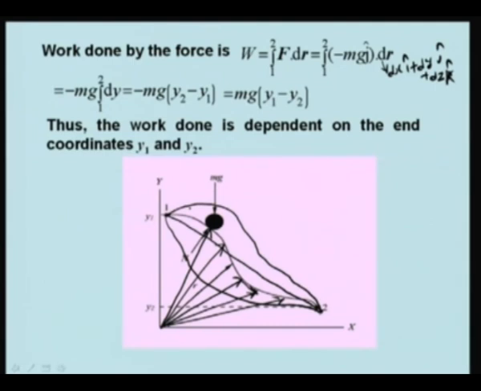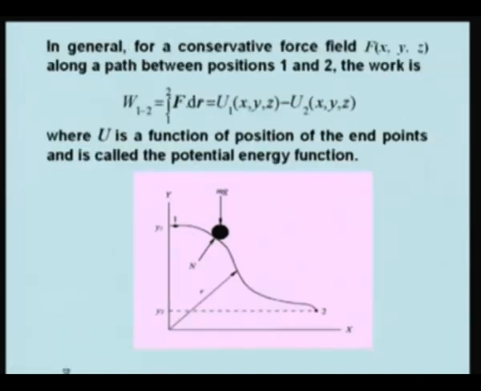Add both the works, you get 0. So, in a conservative force field, if a particle undergoes a cyclic motion like this, completes the cycle, comes back to the original position, the net work is 0, which is not the case in a non-conservative force field.